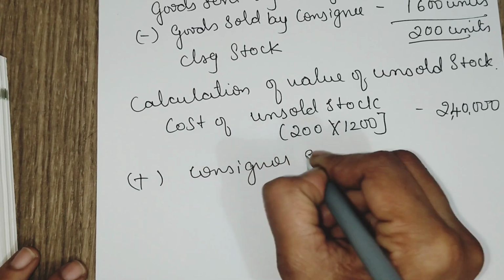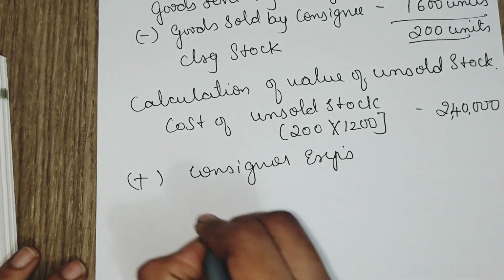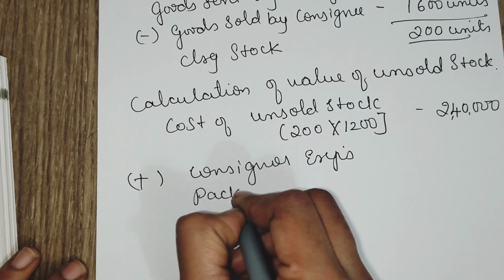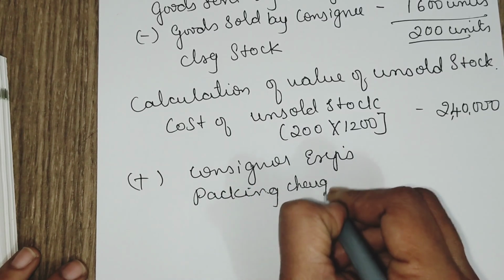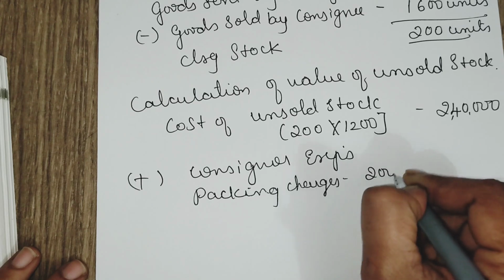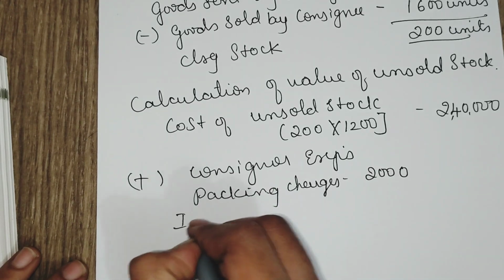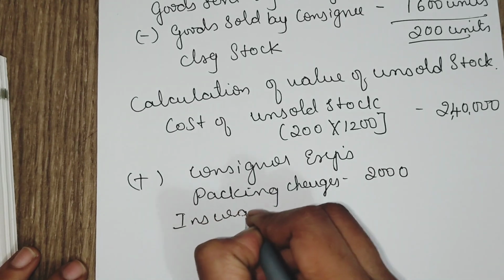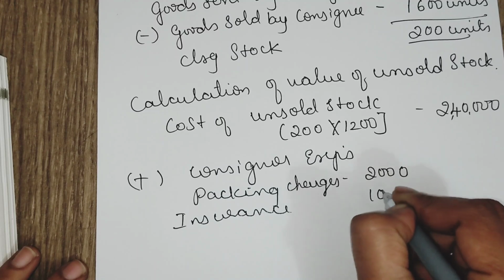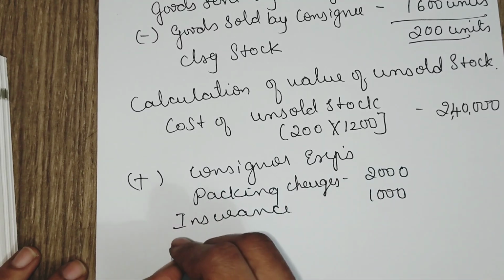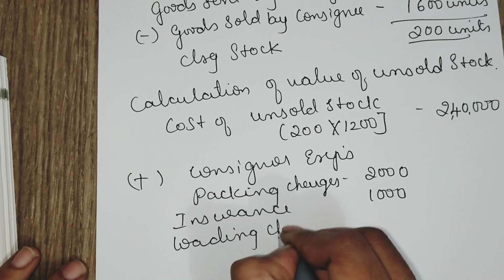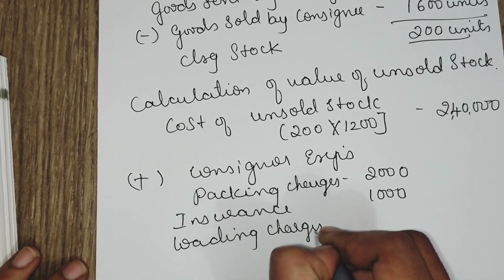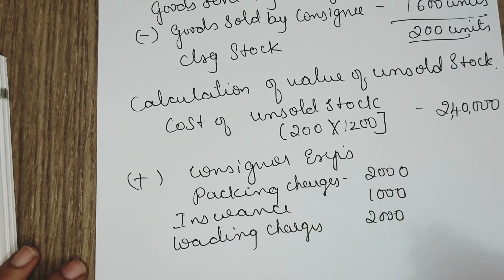Consignor expenses: packing charges 2000, insurance 1000, loading charges 2000.